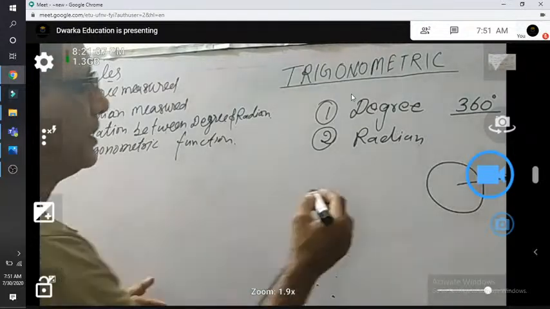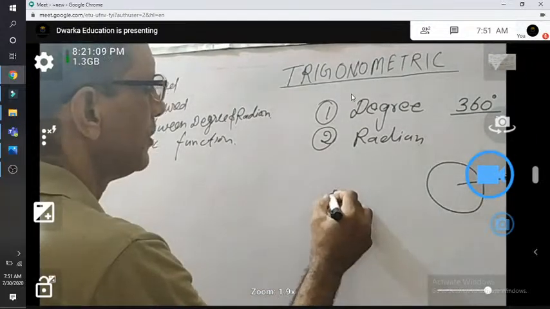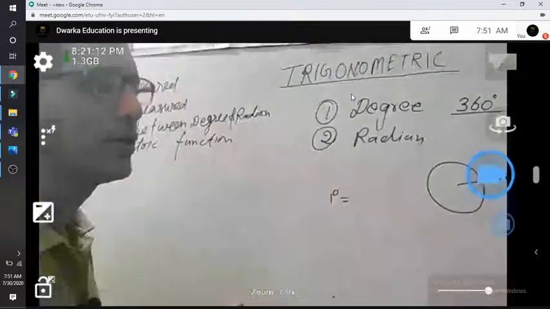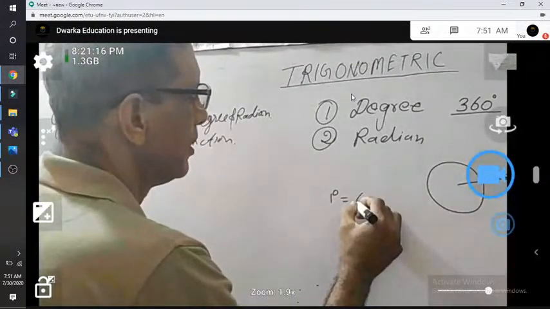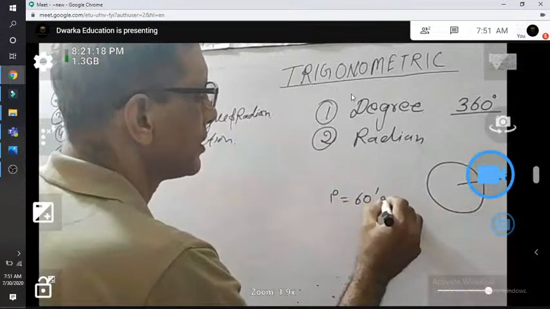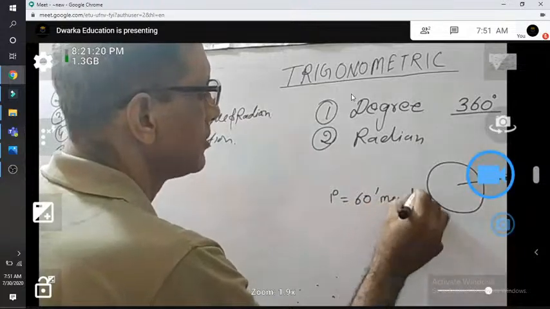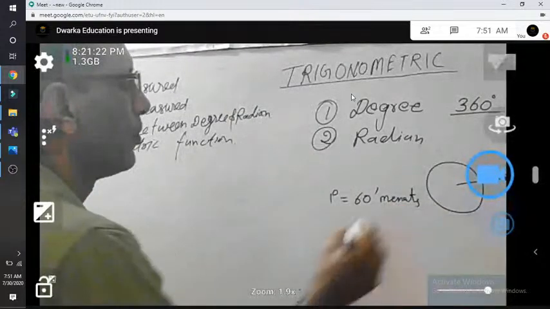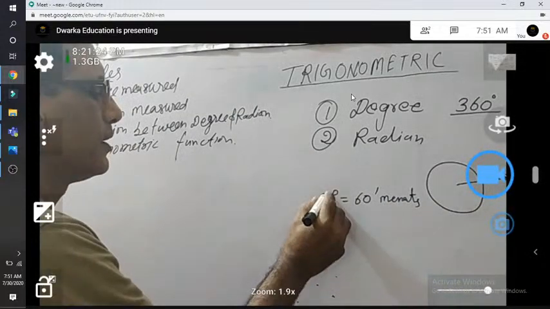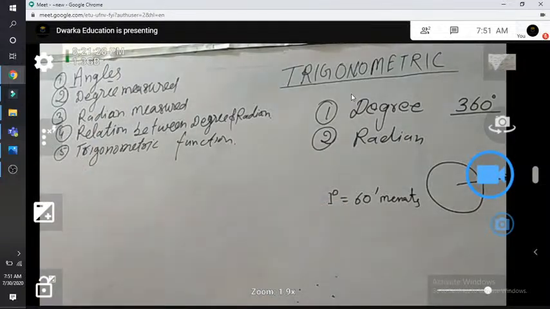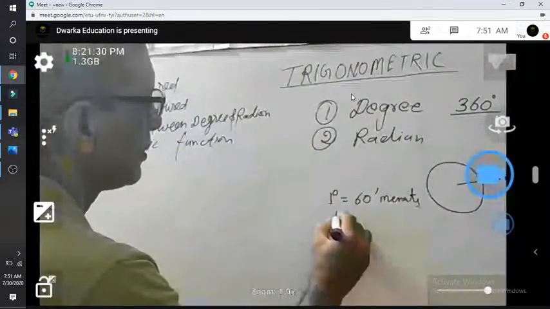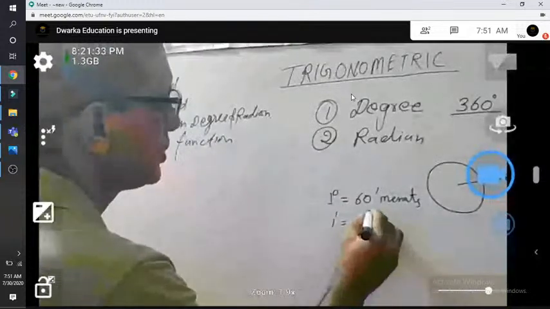And 1 degree is equal to the smaller unit of degree, minute: 1 degree is equal to 60 minutes, and 1 minute is equal to 60 seconds.